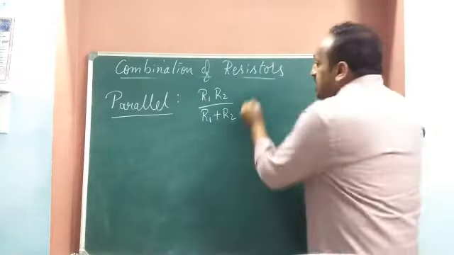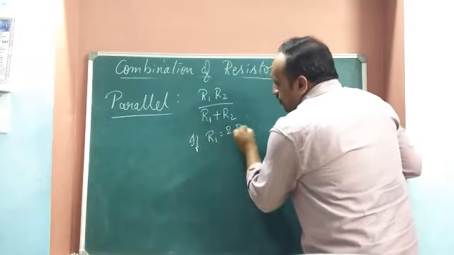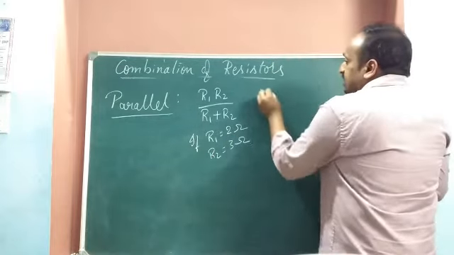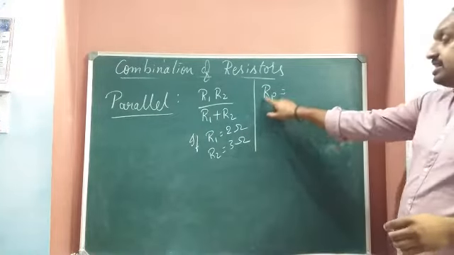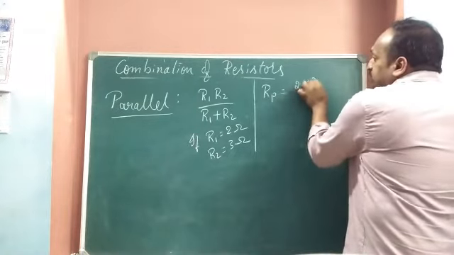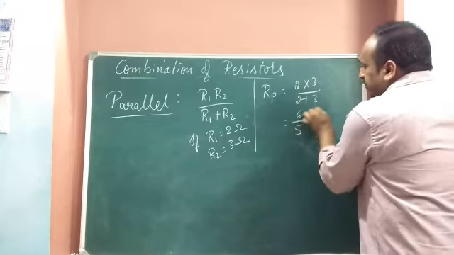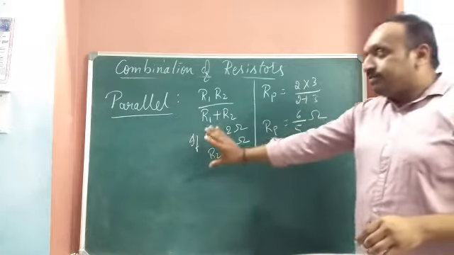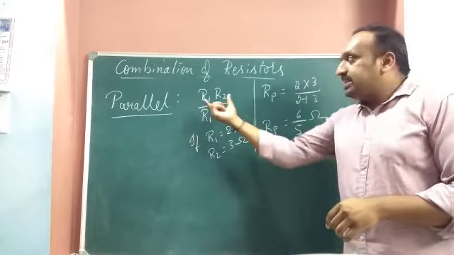For example, if R1 is equal to 2 ohm and R2 is equal to 3 ohm, then Rp, the total resistance connected in parallel, will be equal to 2 into 3 divided by 2 plus 3, that equals 6 divided by 5 ohm. So this is applicable only if 2 resistors are connected in parallel.